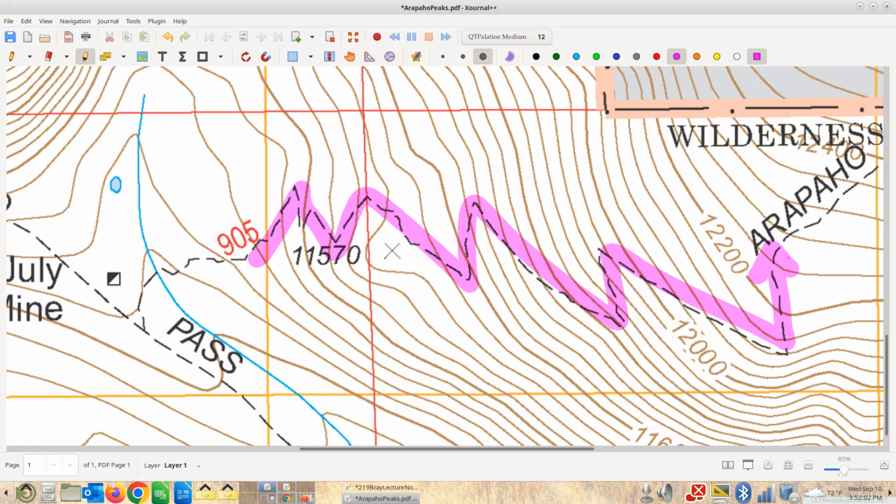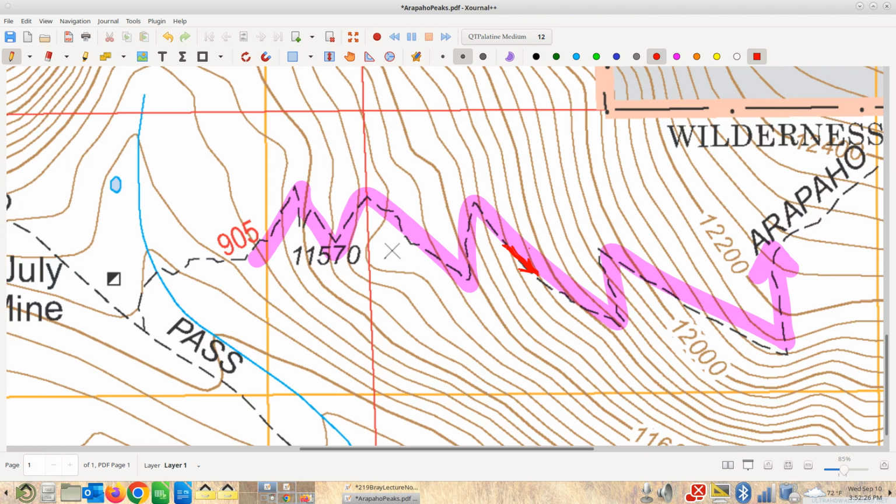So you could imagine if you went straight up the mountain, you're gaining 40 feet every, what's that, about half an inch or so on the map. But because of the switchbacks, instead of gaining 40 feet over half an inch, you're gaining 40 feet over what looks more like an inch and a half. So that's one third the steepness.